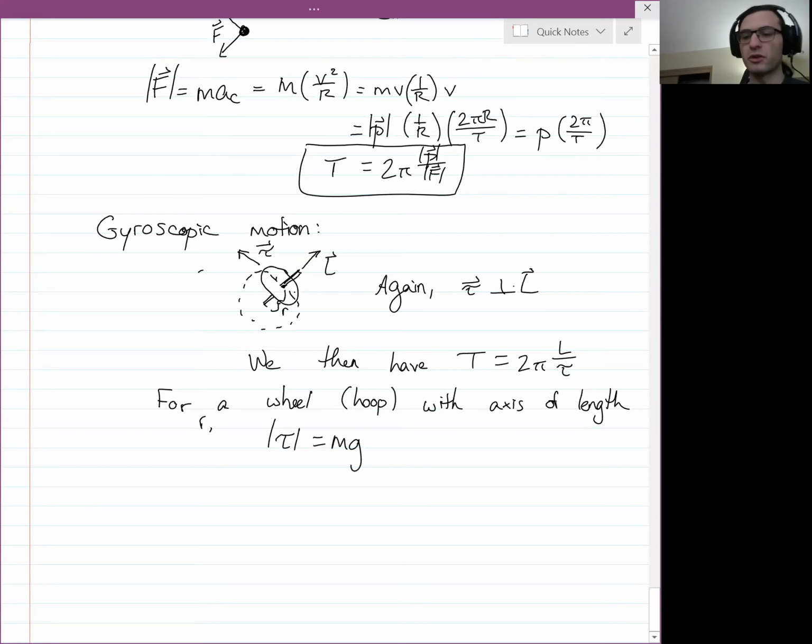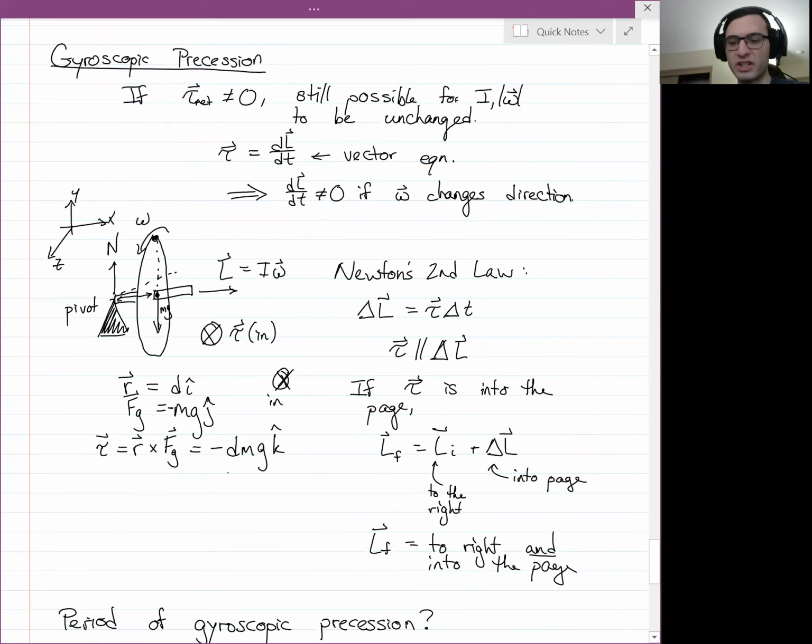Looking up here, we computed the torque. It's just the distance from the center of the gyroscope to the pivot point. In this case, the pivot point is the point it's going around, and it's just multiplied by mg. So we have mgr.